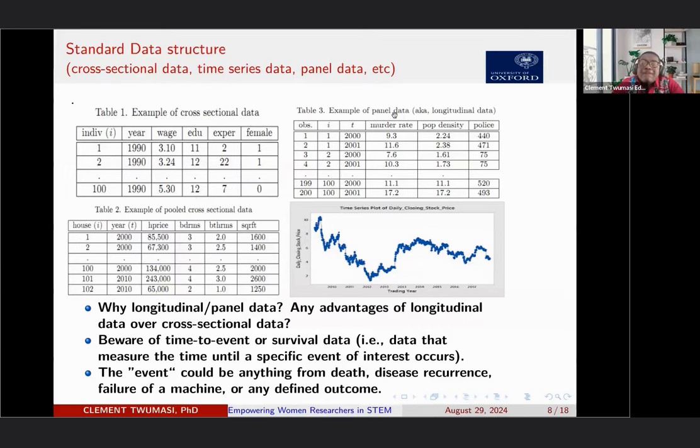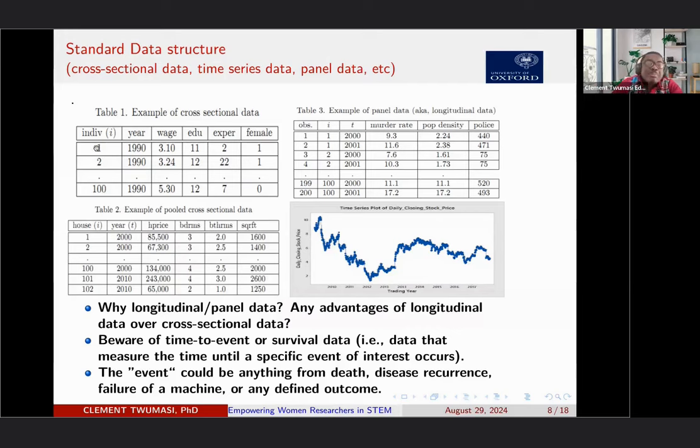Now, there's something you call panel data or longitudinal data. Anytime you hear longitudinal data or panel data, bear in mind that they are literally just synonymous. Panel data is a situation where a cross-sectional data set is collected over time.